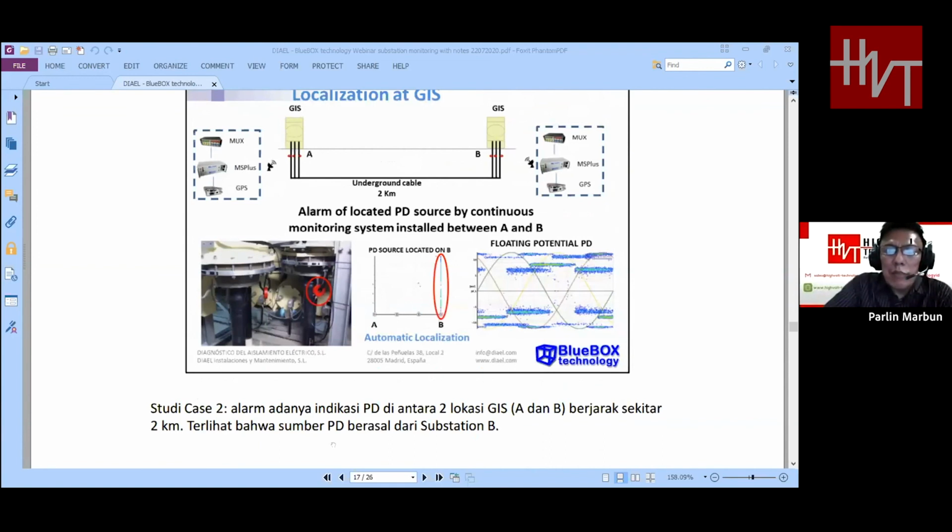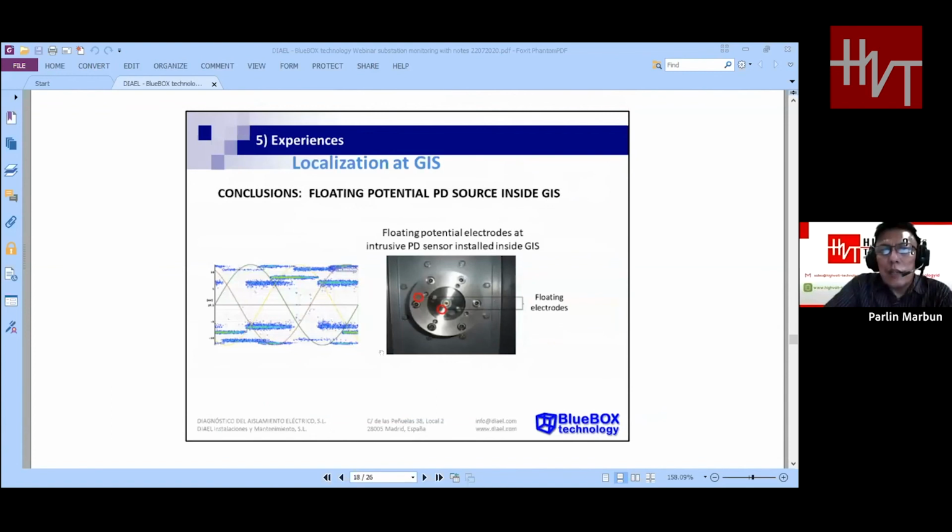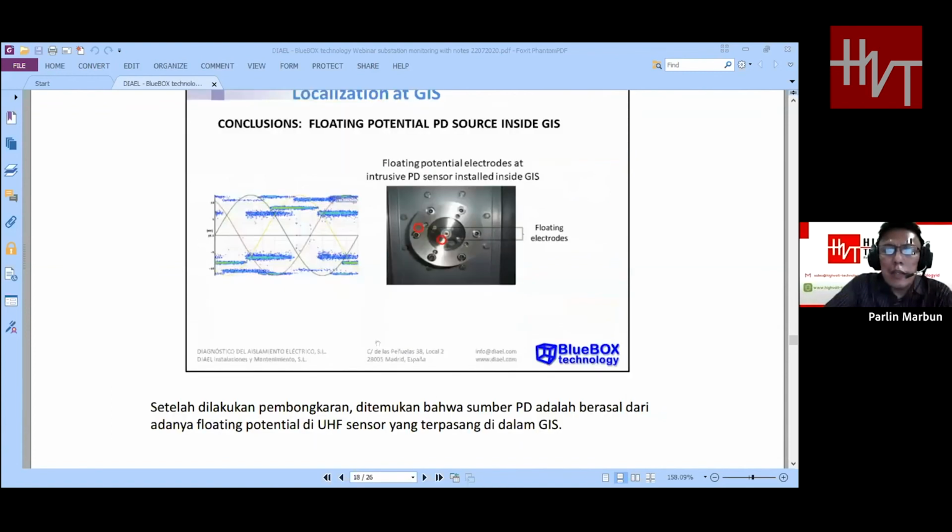Terlihat bahwa sumber PD berasal dari substation B. Sesudah diperiksa dan dilakukan pembongkaran di substation B, ditemukan bahwa sumber PD berasal dari floating potential di UHF sensor yang terpasang di dalam GIS. Tadi dijelaskan bahwa grounding UHF sensor yang terpasang di GIS itu tidak cukup bagus.